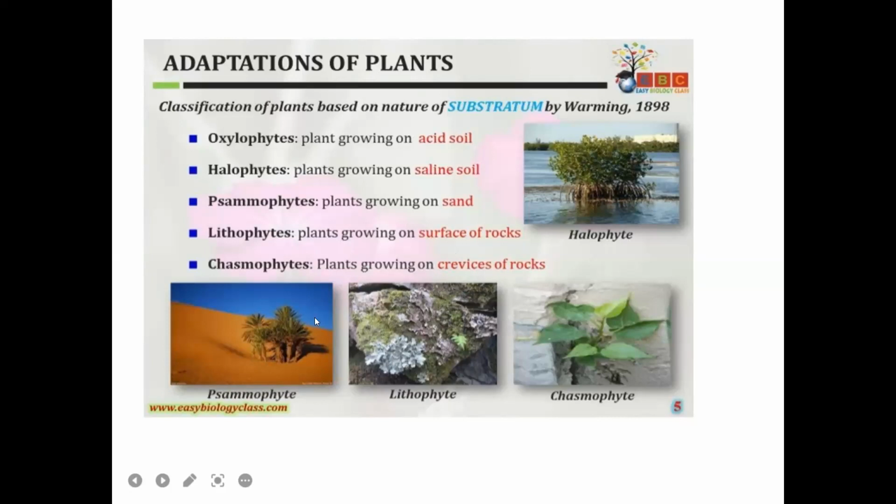So these are the different types of classification: the plants are classified based on the substratum where they are growing. First is the oxylophytes, the plants growing on acid soil. Halophytes are the plants which grow in saline, that is salt, conditions.